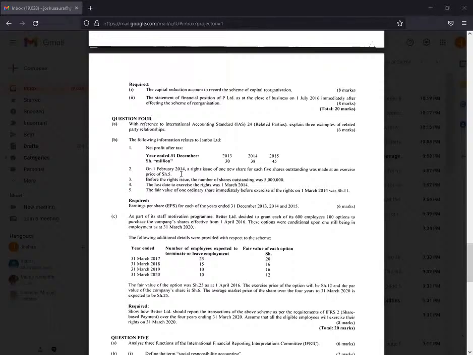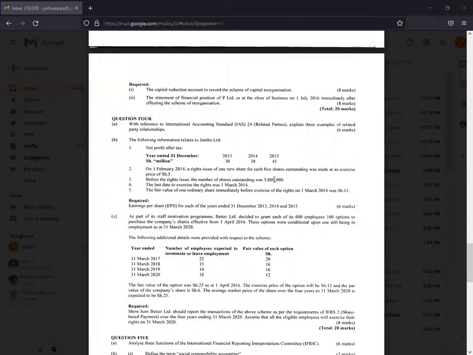We go to note number 3. Before the rights issue, the number of shares outstanding was 5 million. So all along, before the rights issue, we have been having 5 million shares. And then note number 4, the last date to exercise the rights issue was 1st March 2014. Note number 5, the fair value of 1 ordinary share immediately before.